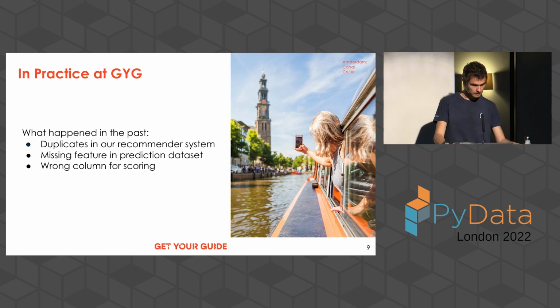So in the last part of this presentation, I want to talk about how we use data unit tests at GetYourGuide. But first, I think it is interesting to share some of the incidents that we had in the past that triggered these initiatives. For example, a change in the data structure led to some duplicates in our recommendation system.